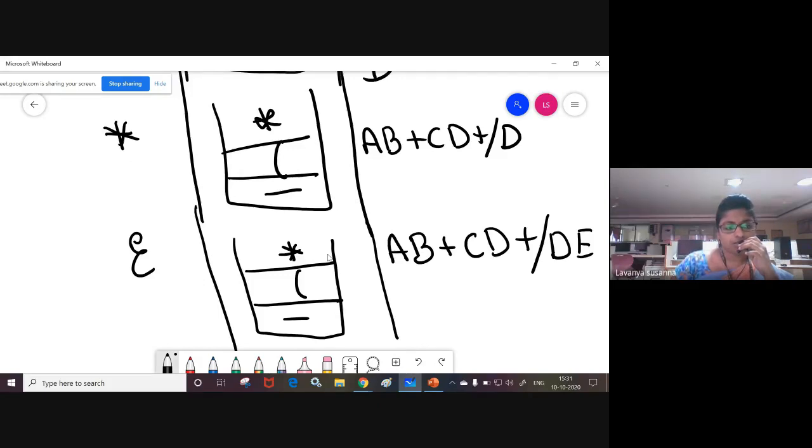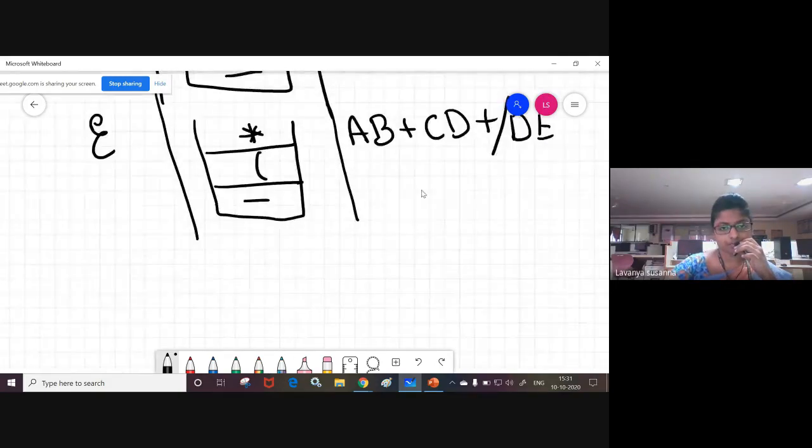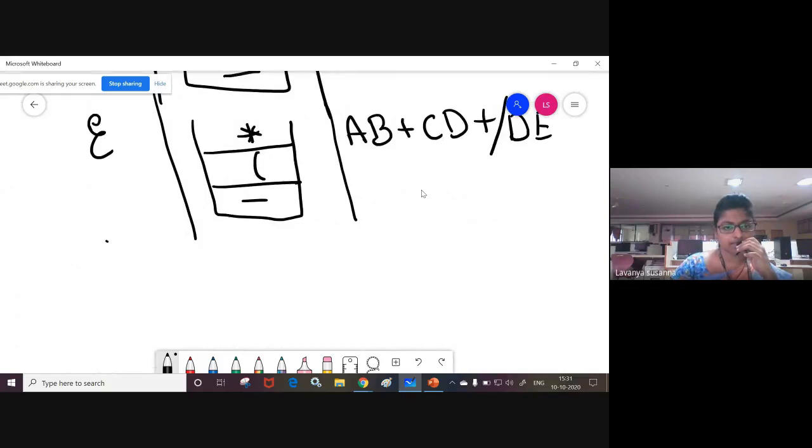Okay, note down students. Next, what is the next symbol? Next is close bracket, right? If you got operator, you need to compare precedence with the topmost element in the stack. But here you got closed bracket.